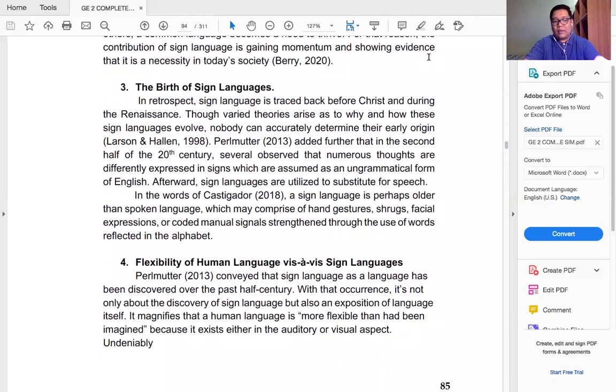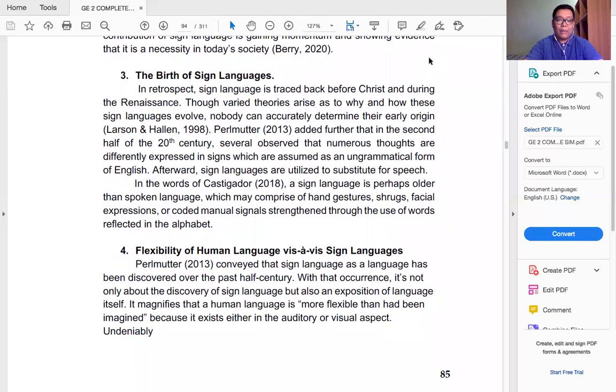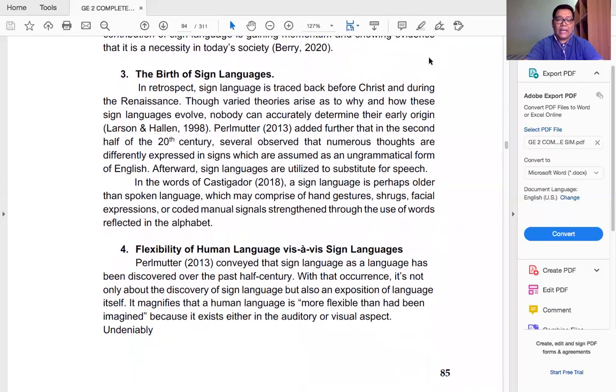This time, let's talk about the flexibility of human language vis-a-vis sign languages. Perlmutter in 2013 conveyed that sign language as a language has been discovered over the past half century. With that occurrence, it's not only about the discovery of sign language, but also an exposition of language itself. Because whether we admit it or not, sign languages are still a form of language.